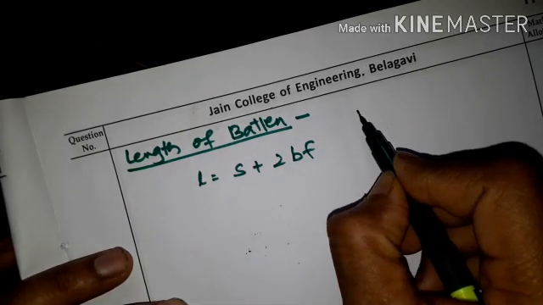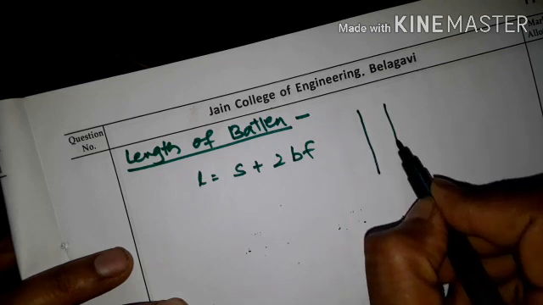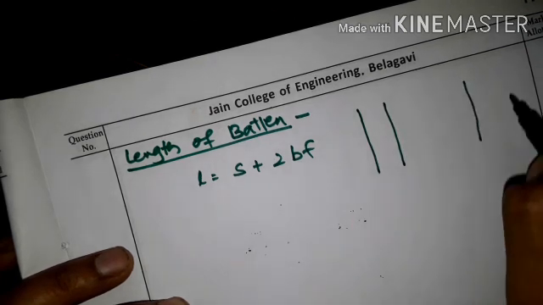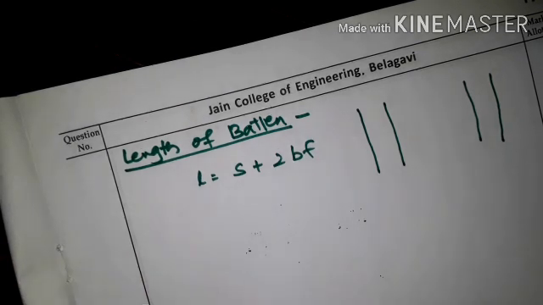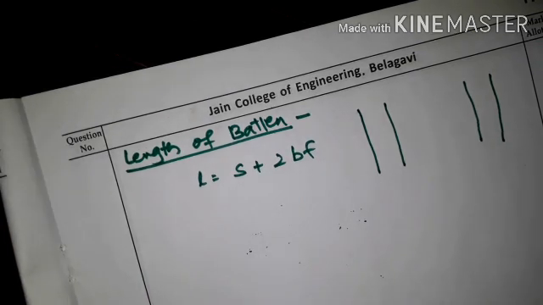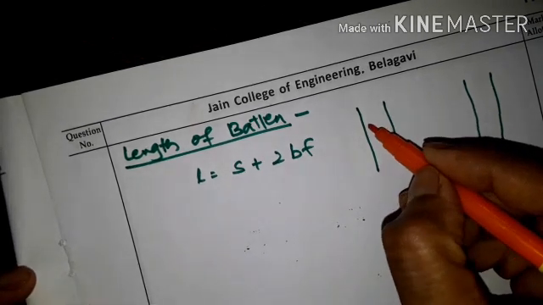Suppose we have the column like this and column like this, and we are going to provide the batten plate like this.